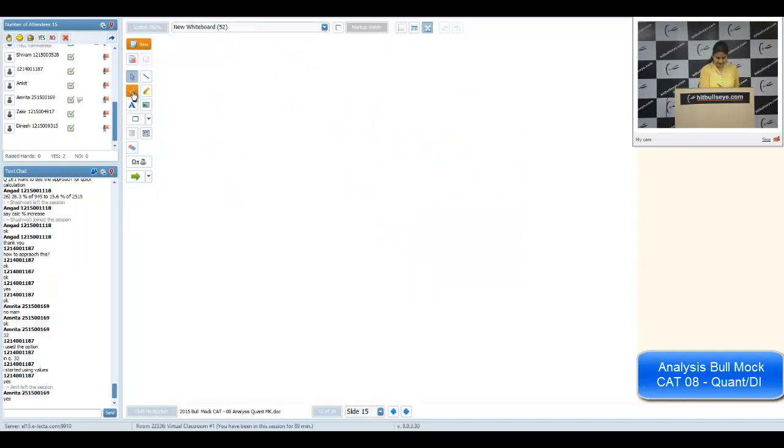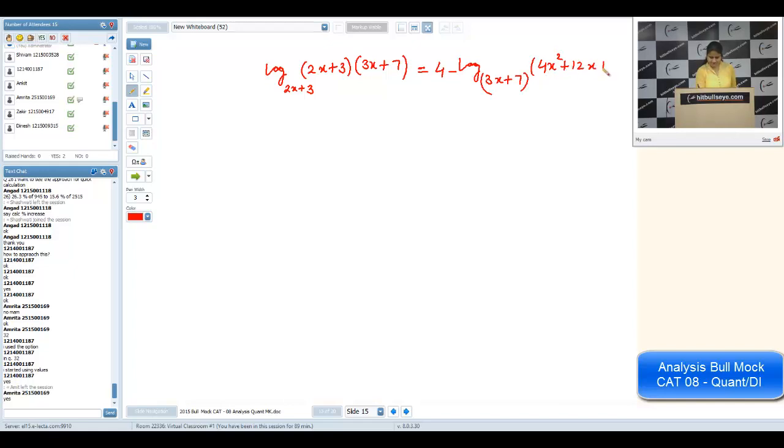It says log of this is 6x squared plus 23x plus 21. If we factorize this, we will get (2x plus 3) into (3x plus 7). And what is the base here? 2x plus 3. Minus is equal to 4 minus log of 3x plus 7. I am explaining one part only: 4x square plus 12x plus 9.